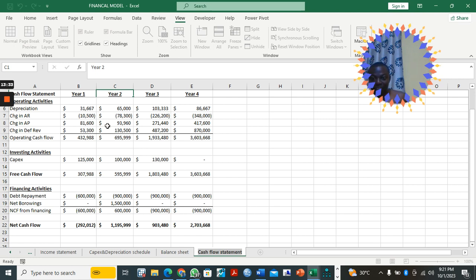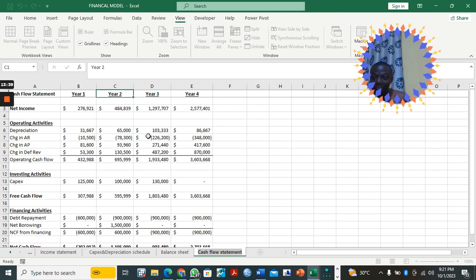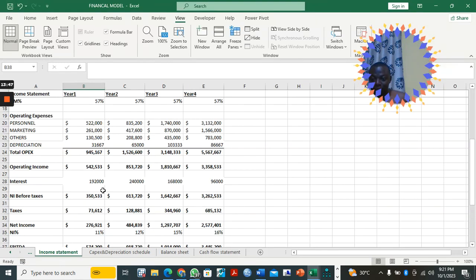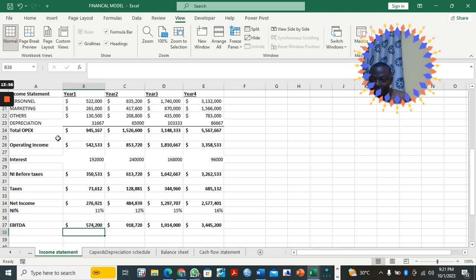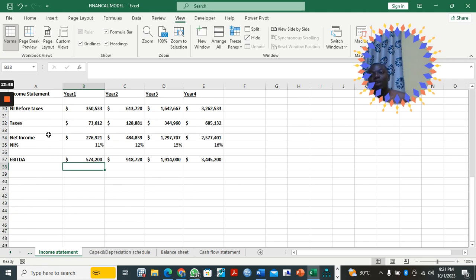To begin with, before you come to operating activities, you have to first of all look for your net income. The net income, which is in the income statement of comprehensive income, is here. Net income is after you have taken all expenditures and you have taken taxes out.